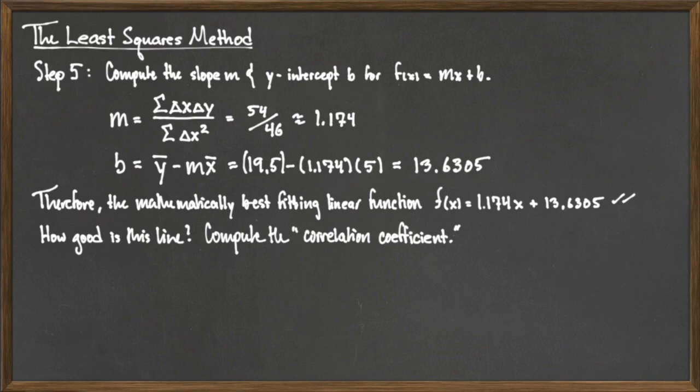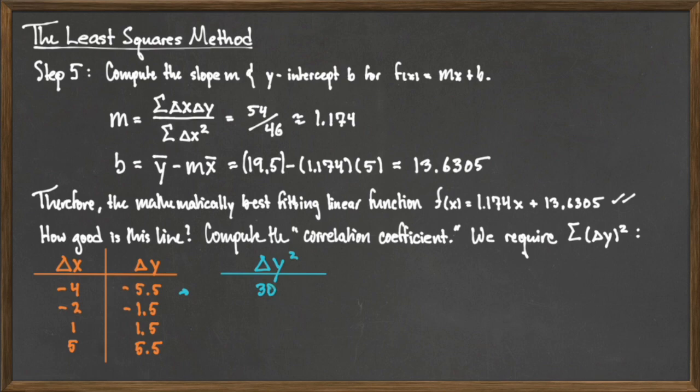And we can compute this using all of our gathered data so far with one additional term, sigma of delta y squared. So we can make another xy chart and get our delta y squared values, which are going to be listed as follows. When I take that sum, we'll find that I get a value of 65.